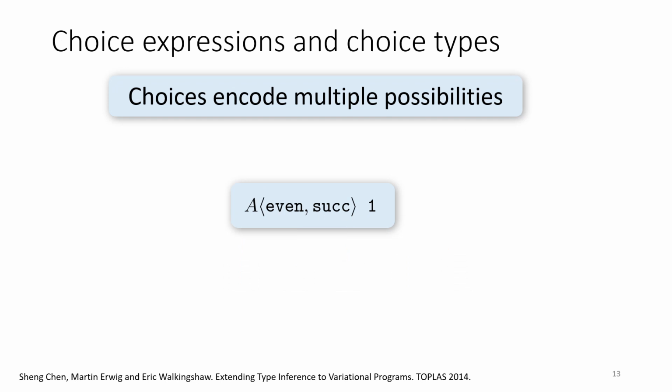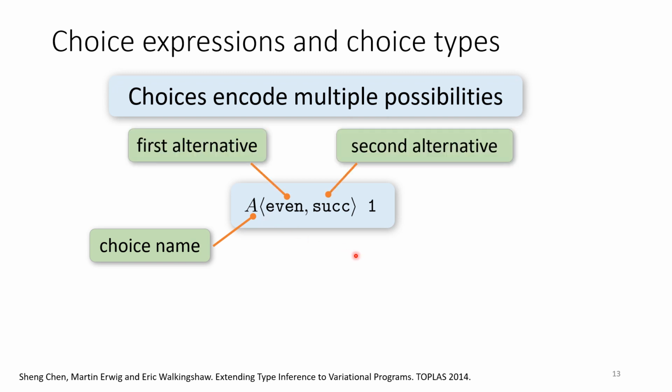I will next give some background on choice types. Choice types are introduced to type choice expressions, and we can view choice expressions as a discrete representation of C preprocessors. Each choice is named, as here we have a choice named A. Each choice has 2 alternatives, referred to as the first alternative and the second alternative.